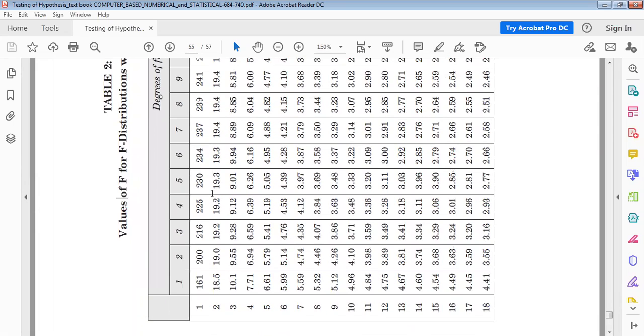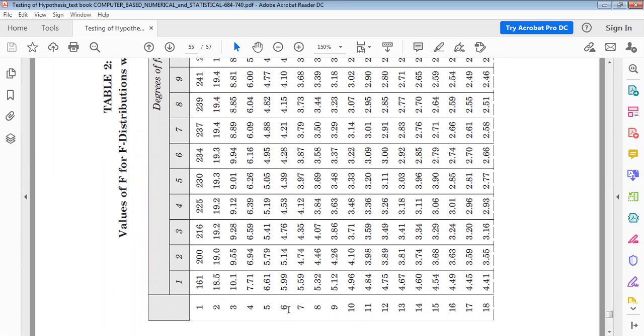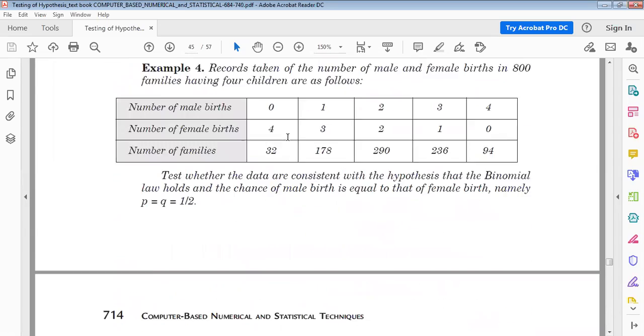For the first sample, degrees of freedom 7, and for the second sample, degrees of freedom 6, the value is 4.21. Understand? For first 7 and second sample 6, the table value for the capital F test is 4.21.